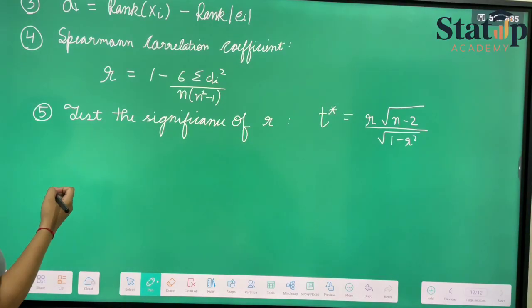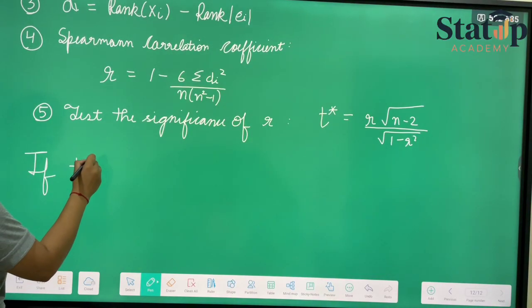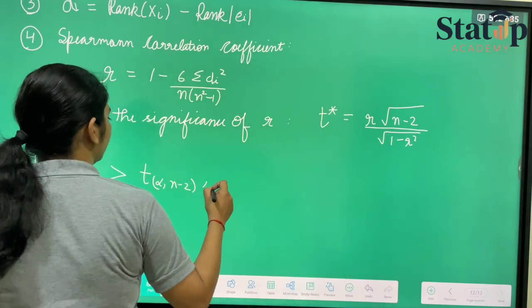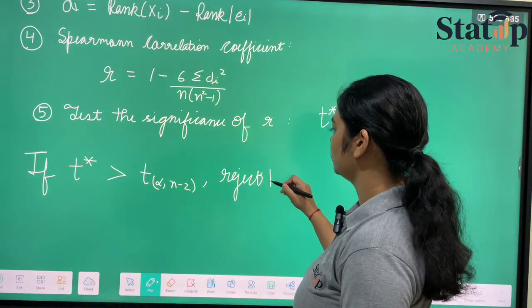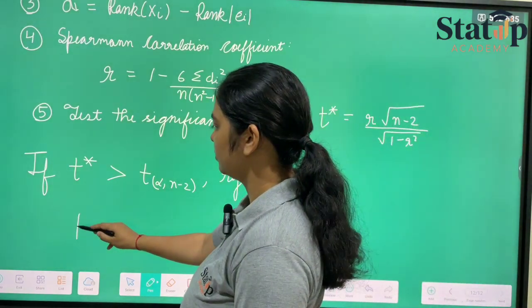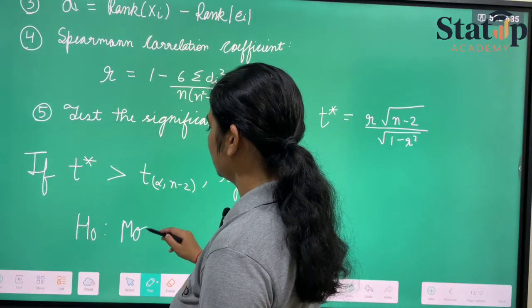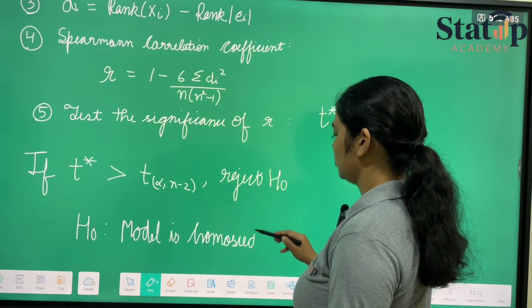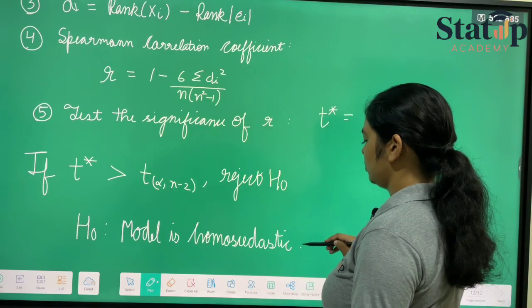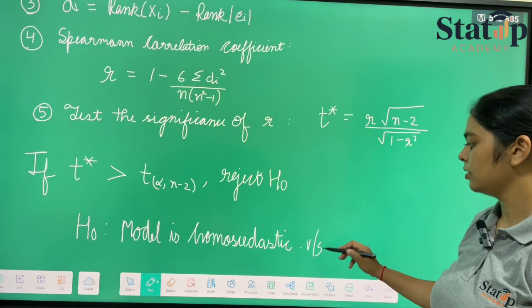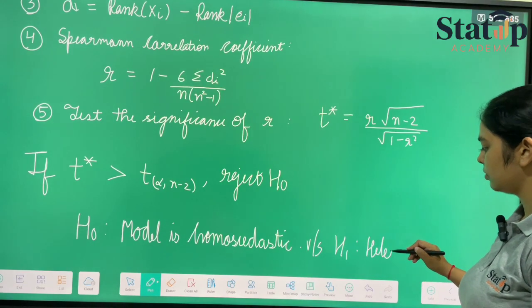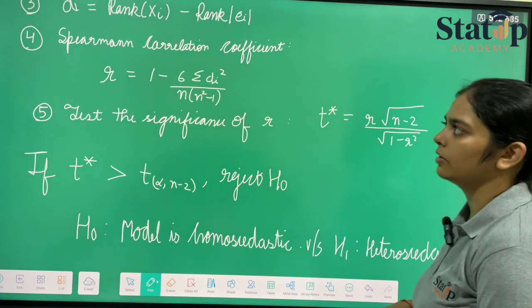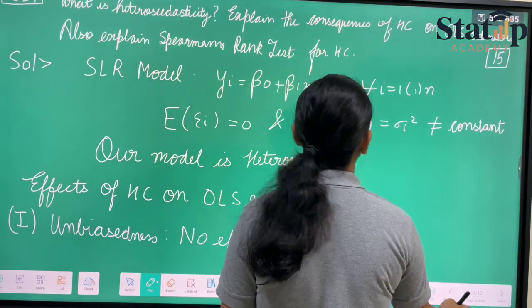Now if the calculated T star is greater than the tabulated t, then we reject H naught, where H naught states that the model is homoscedastic, versus H1 that the model is heteroscedastic.